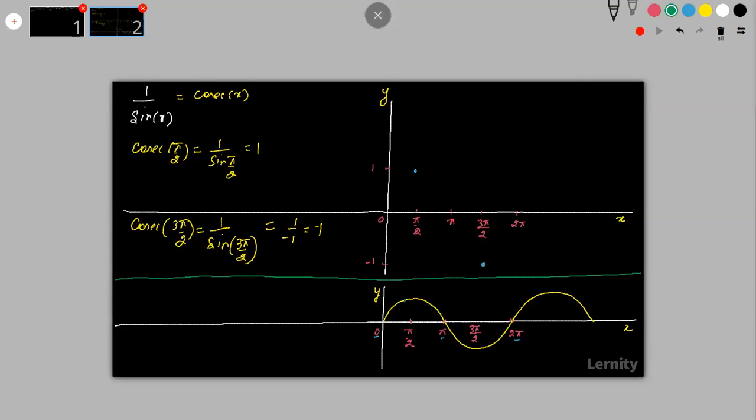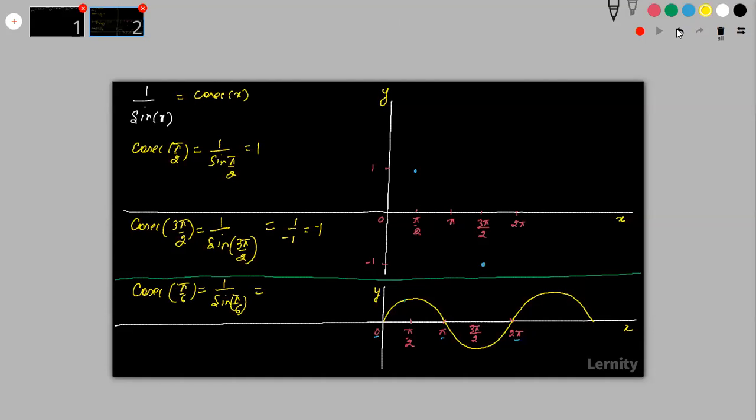Suppose I try to find out the value of cosec x at 30 degrees, or pi by 6. Cosec pi by 6 will be 1 by sine of pi by 6.